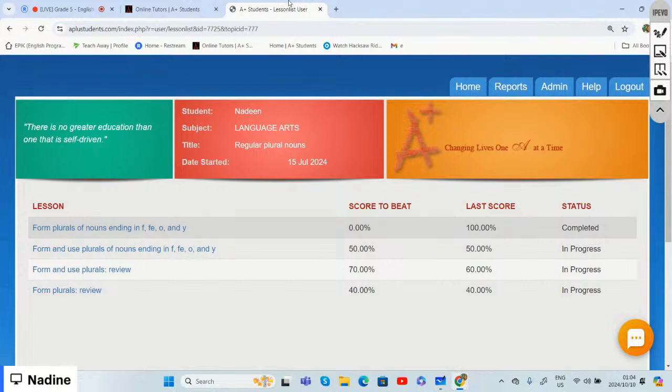So once again, this is a continuation of our previous lesson. Now we're going to continue and finish this one.